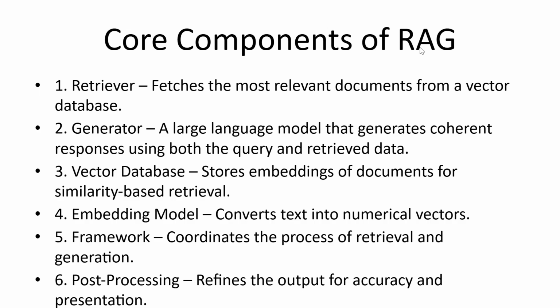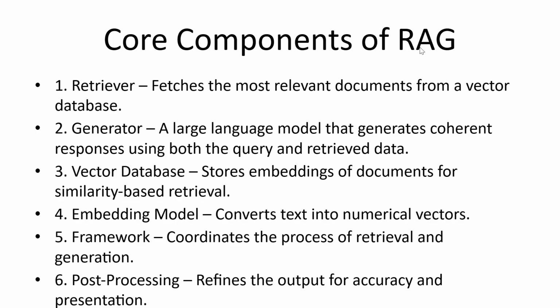So what components are associated with RAG? We will see the six components. One is the retriever, which fetches the most relevant documents from a vector database. The second component is the generator, a large language model.